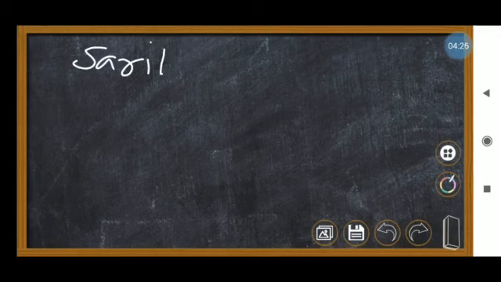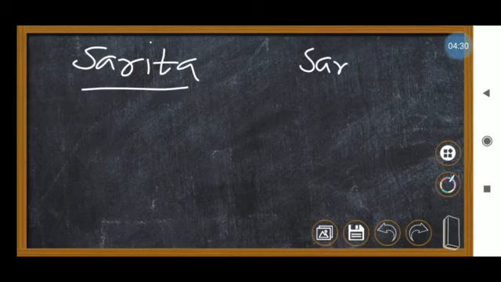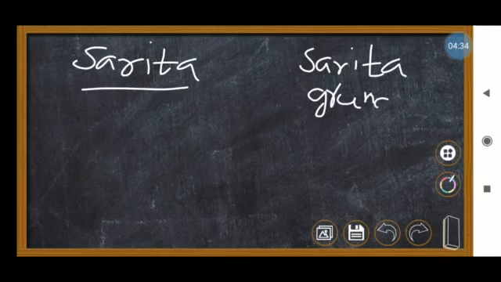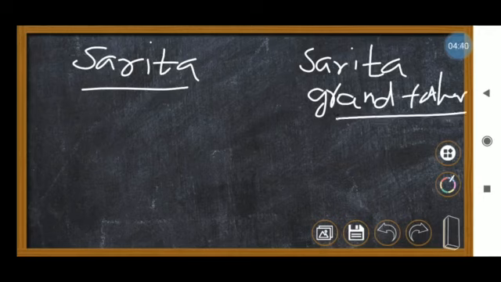Okay, next one, third problem. Sarita's grandfather's age is 6 times her age. First, Sarita and Sarita's grandfather. Sarita's current age will be Y years old.